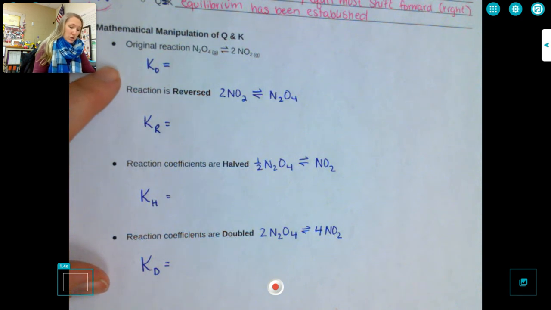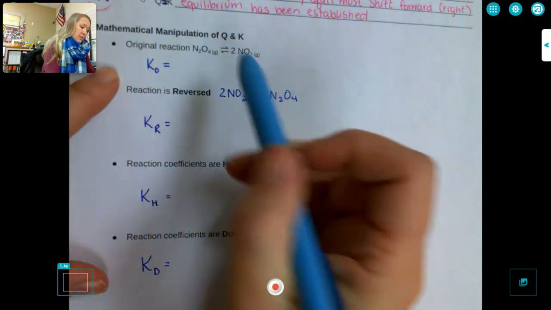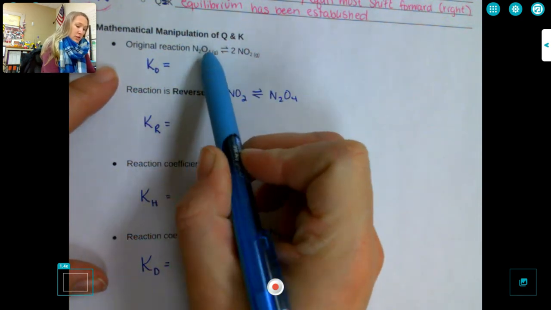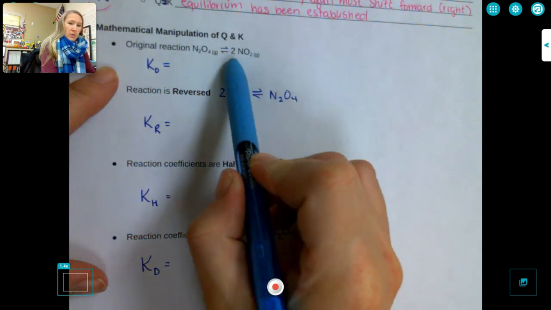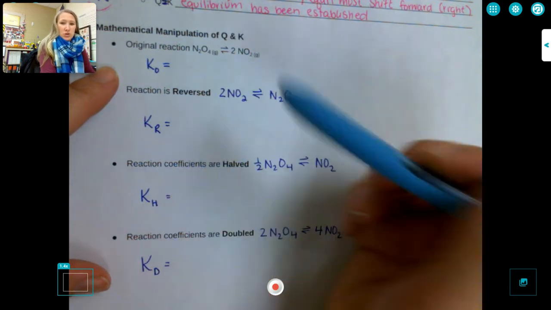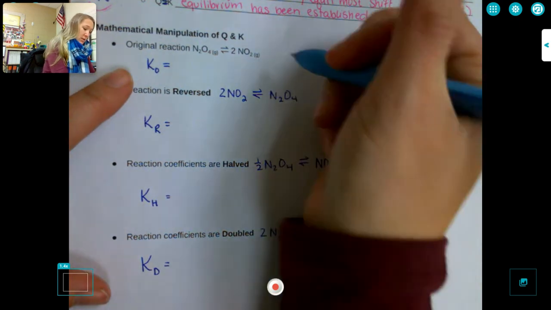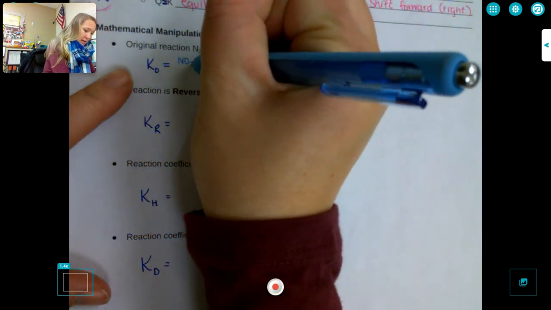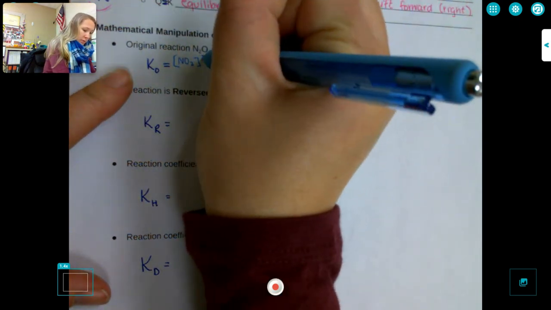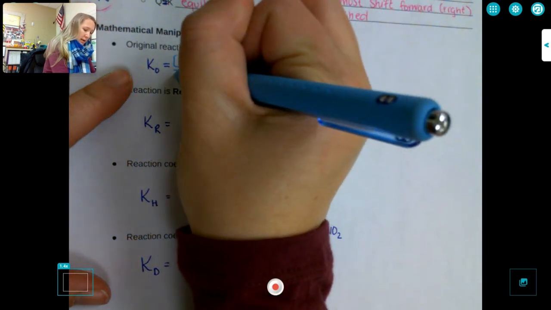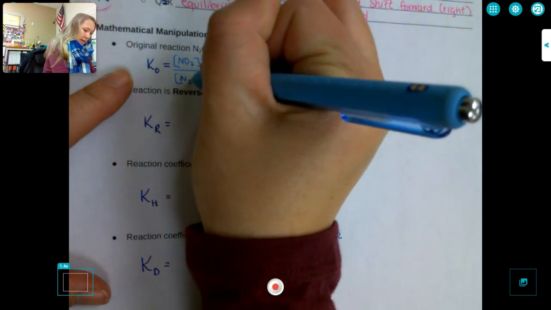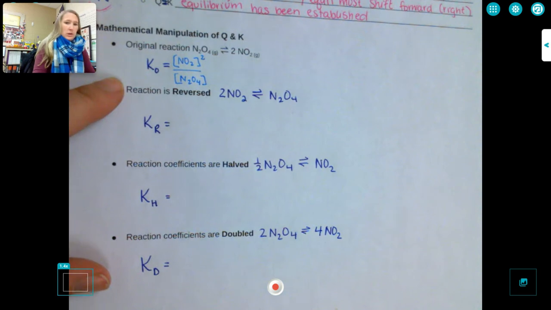So for an original reaction where I have dinitrogen tetroxide at equilibrium with 2 moles of nitrogen dioxide, if I was writing my K expression, I have products, NO2, raised to their coefficients, over reactants, N2O4. Okay.